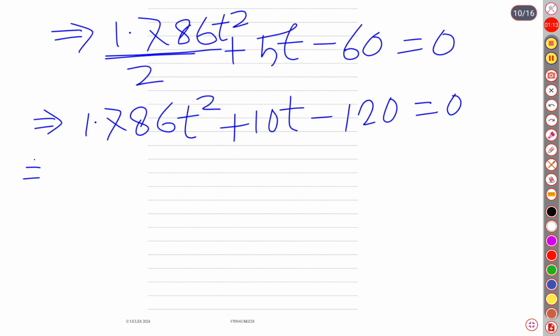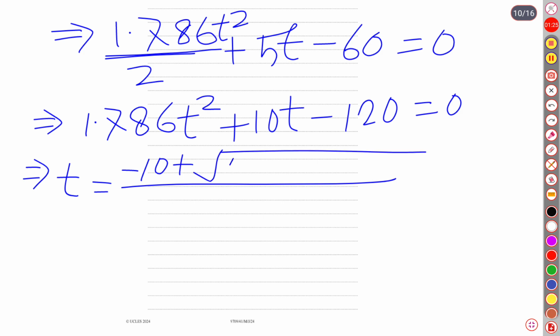Hence, applying the quadratic formula, t is equal to negative b plus the square root of b squared minus 4ac, where b is 10, a is 1.786 and c is minus 120.